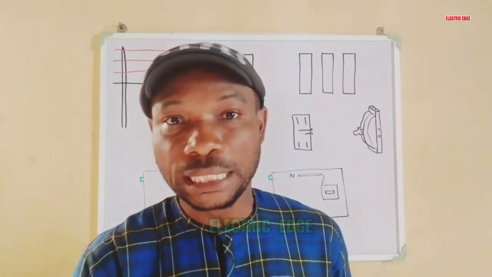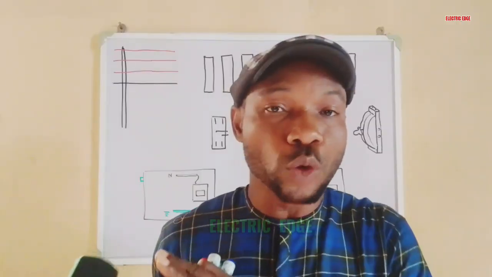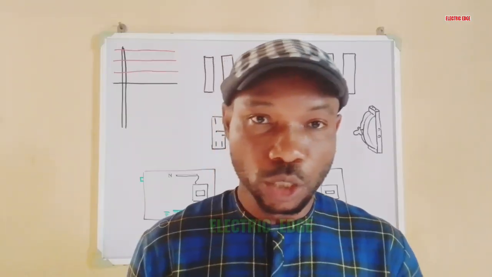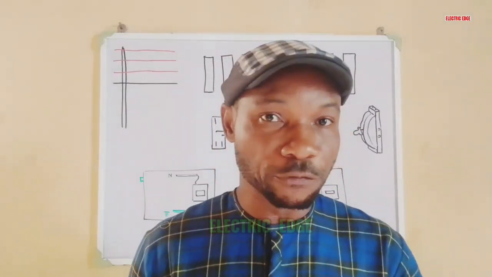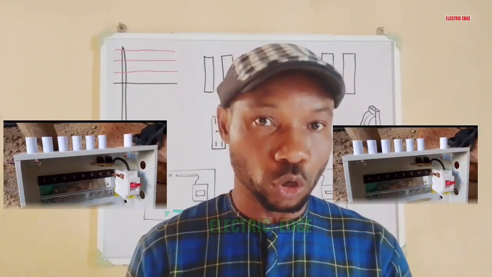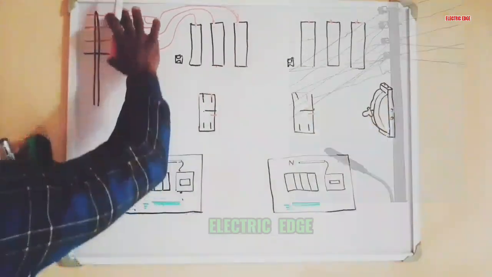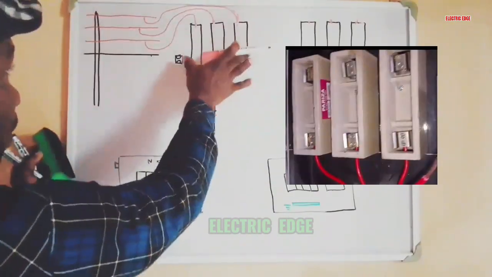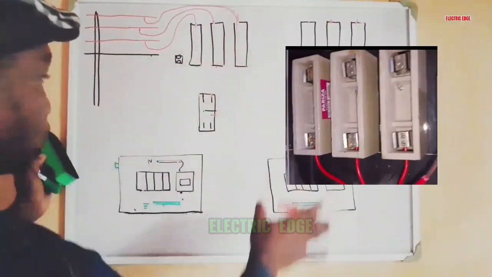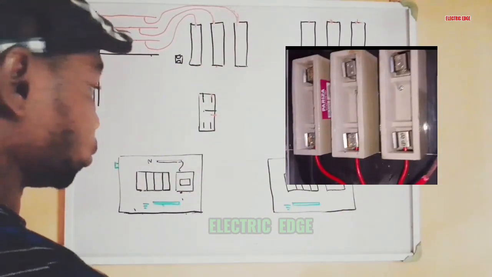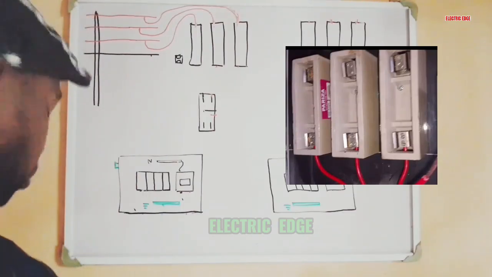Now, we are assuming that the bungalow is going to have the same supply from the NEPA, from the pole, but inside the building, we will have two different distribution boards or consumer units, if you like. So, like I said before, this is our pole, this is our cutout, and in this particular bungalow, the supply is coming to two different distribution boards.